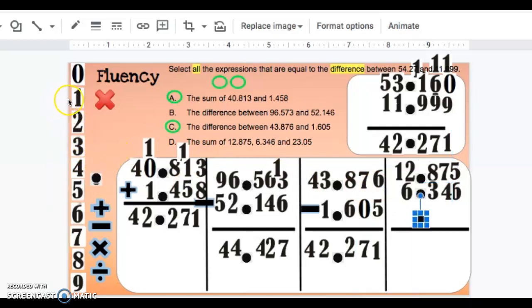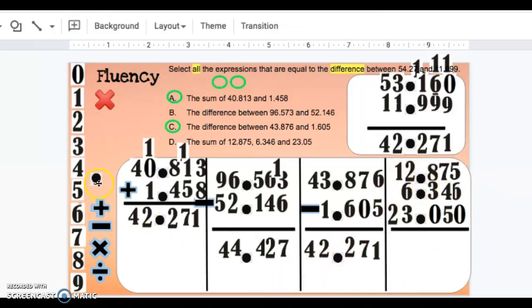I put my 23 down, so my 2 is in the 10 spot. My 3 is in the 1 spot. Then I have 0 in the 10th spot. And then a 5 in the 100th spot. And to keep place value being held, I will put a 0 in the 1000 spot just to hold its value.